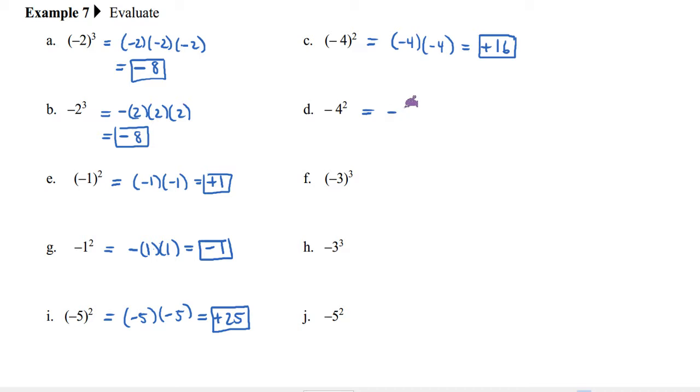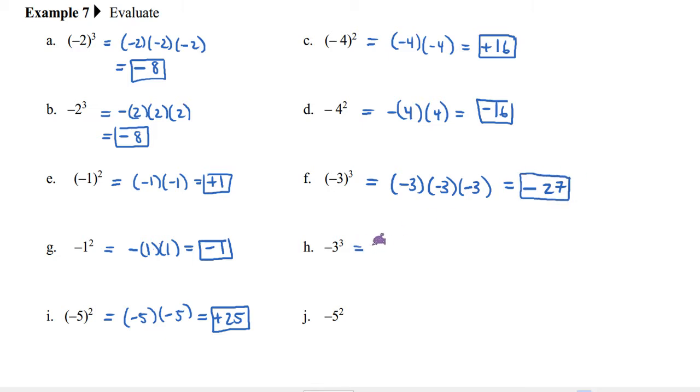This one is negative 4 times 4, but that's going to give us negative 16. Okay, and then this one, negative 3 in parentheses cubed would be negative 3 times negative 3 times negative 3. So we have 3 negatives there, so that's a negative, odd number of negatives, right? And then 3 cubed, 3 times 3 times 3, 3 times 3 is 9, and then times 3 is 27, so negative 27.